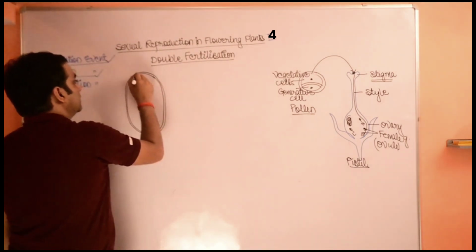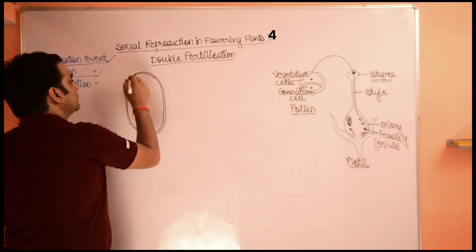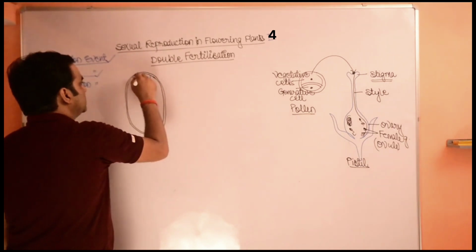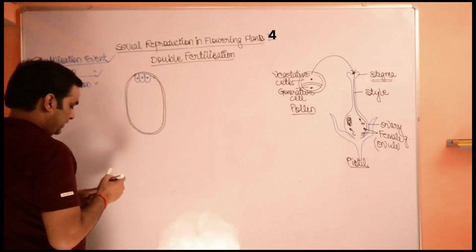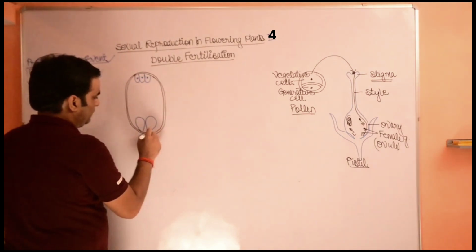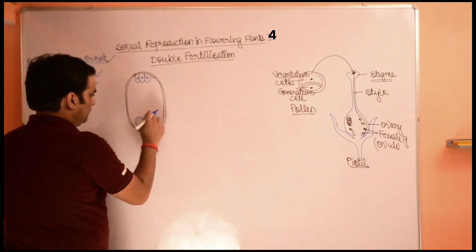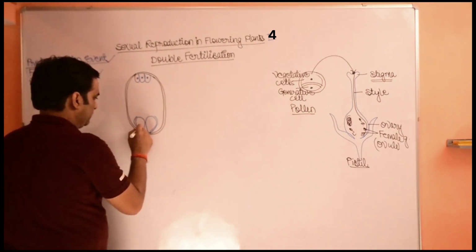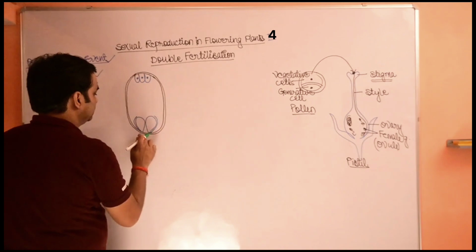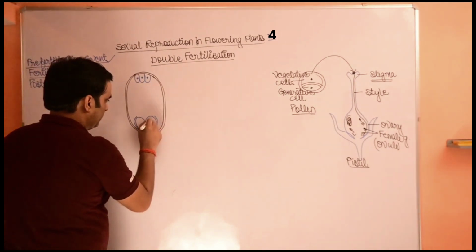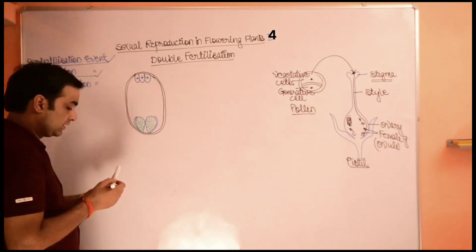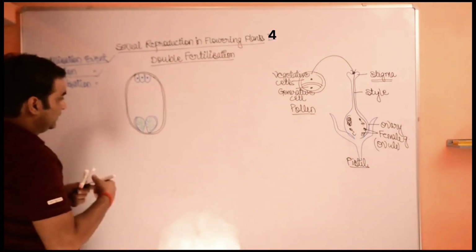It has three cells in a row, one, two, three cells, each with its nucleus. Two cells here, and inside the cells finger-like projections are there.